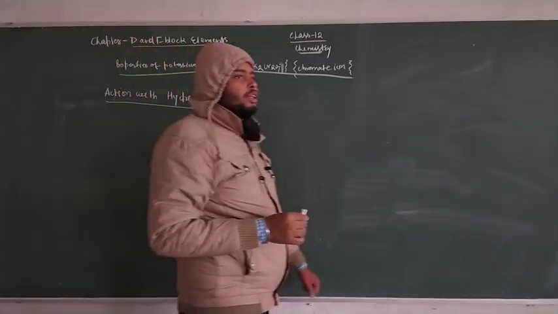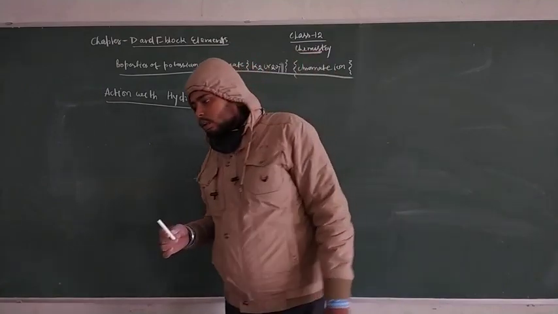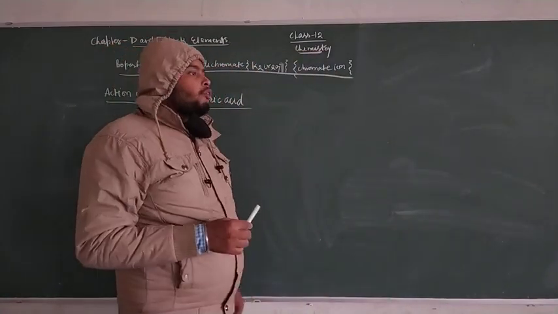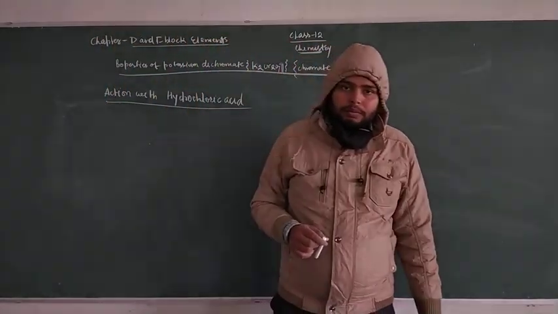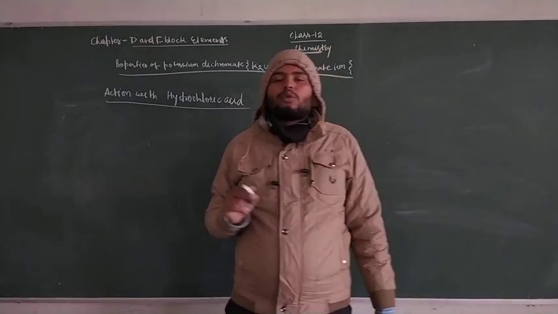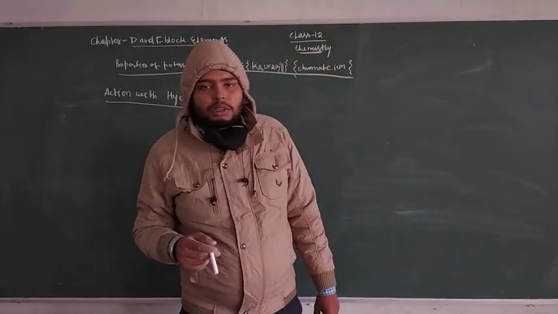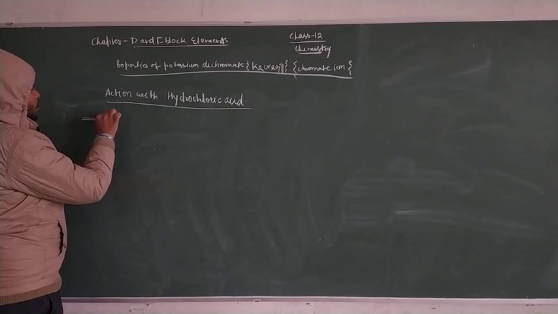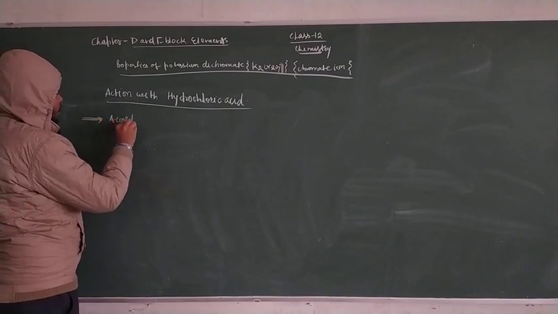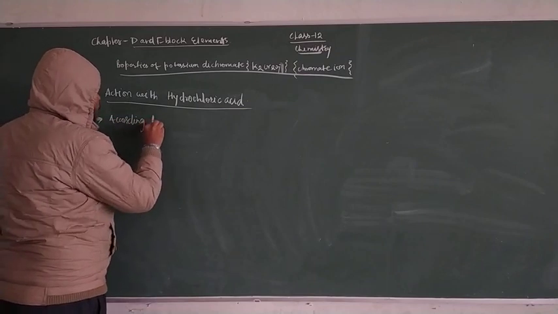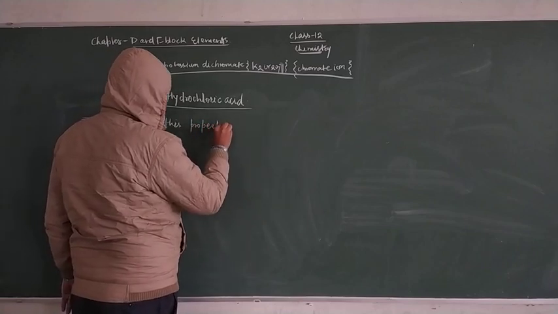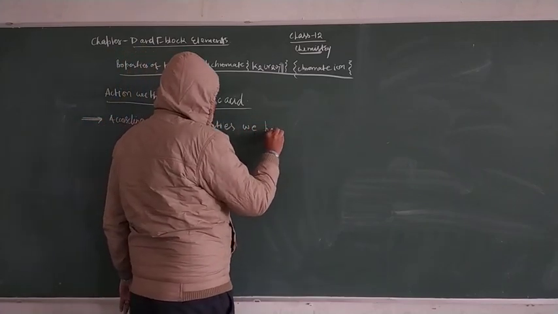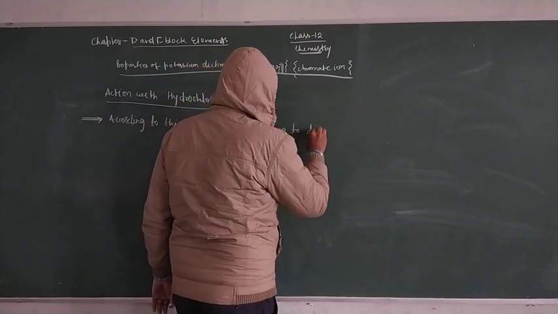Now, guys, we have to discuss the composition, the properties in terms of the combination of potassium dichromate with HCl, and what the resultant products are, and what gases are evolved in this formation.